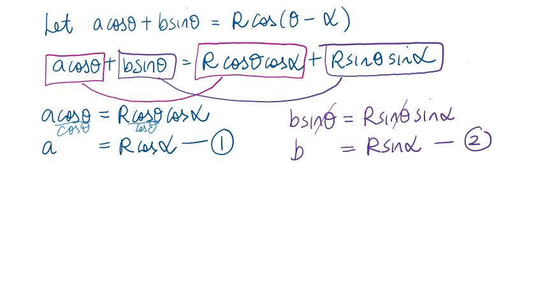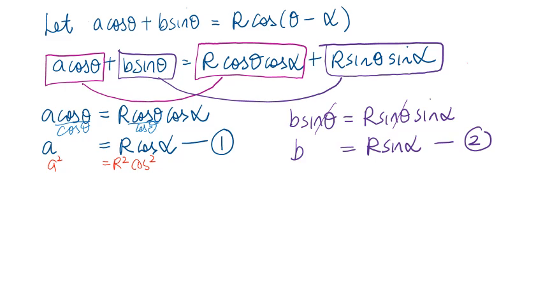Second equation. All right, so what I'm going to do is square equation 1. That means I square the left-hand side, so I square a to get a squared. And I square r to get r squared. Squaring cosine alpha means cosine alpha times another cosine alpha, so that will give you cosine square alpha.